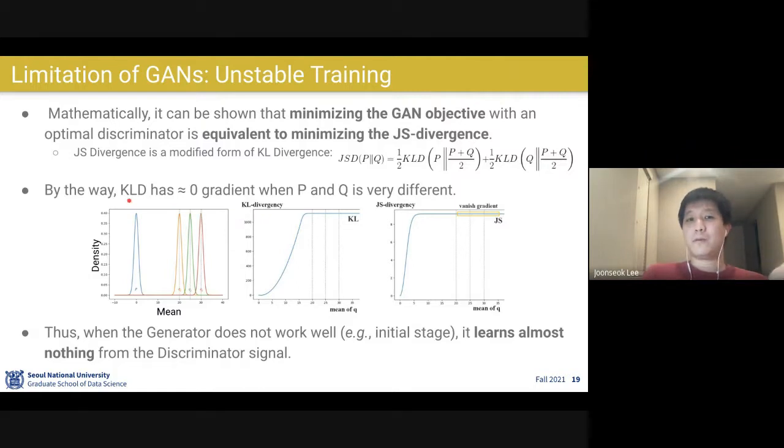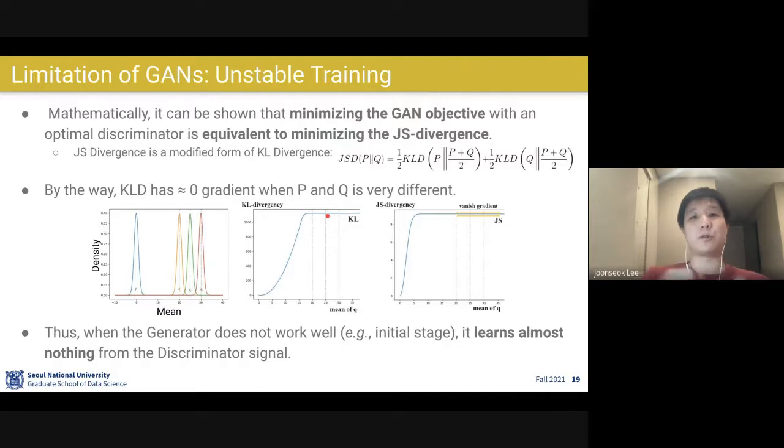So when we draw the KL divergence or JS divergence figure like this, then we see that if the two distributions are very different, then the gradient will be close to 0. So here, the x-axis is the mean of the Q. And if they are very different, the value is very large, then we don't see any gradients here.